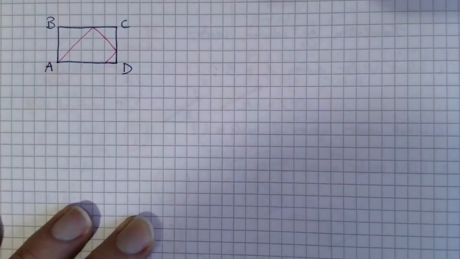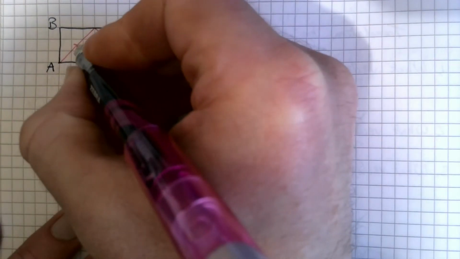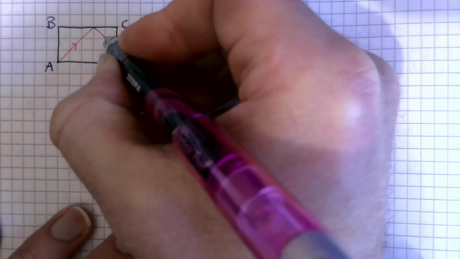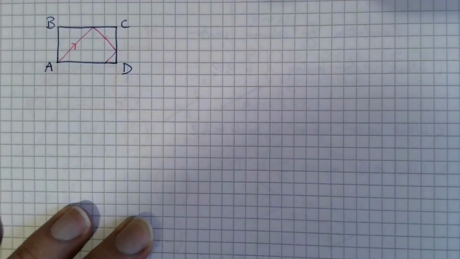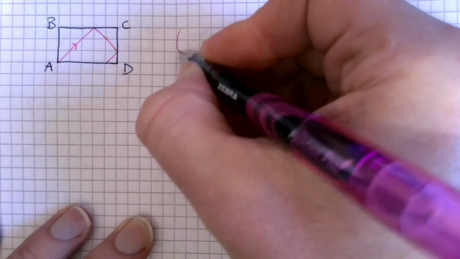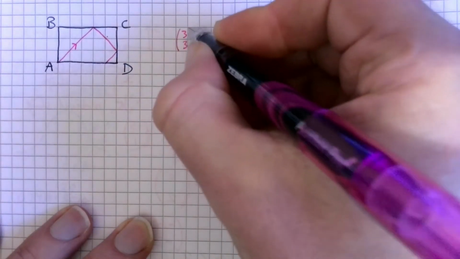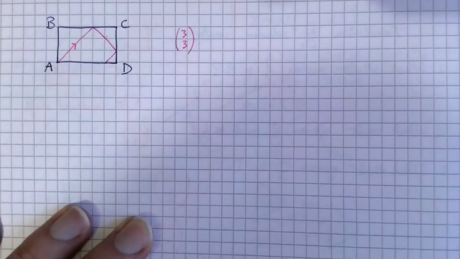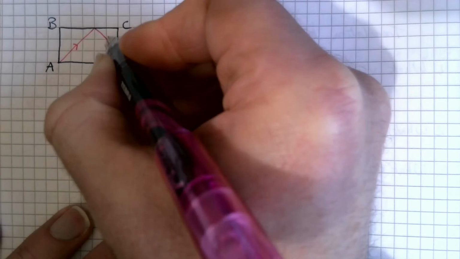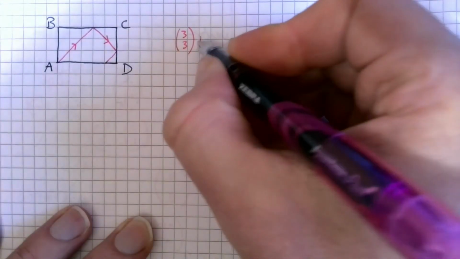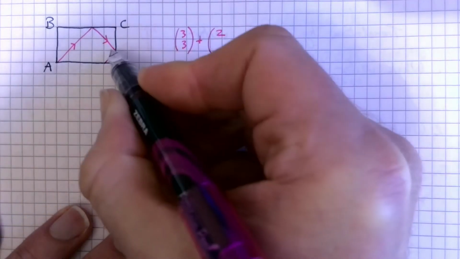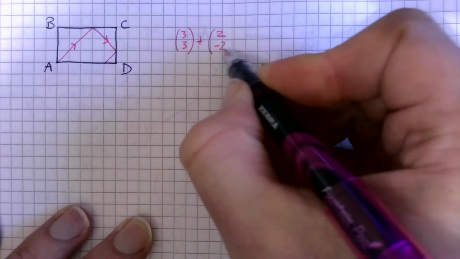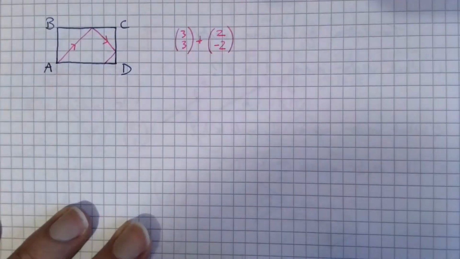Now before it goes any further, I'm going to say, right, that is our first column vector, and hopefully you agree that that would be 3, 3 as a column vector. And the second part of the journey is going 2 to the right, but it's going down 2, so I could call that -2.